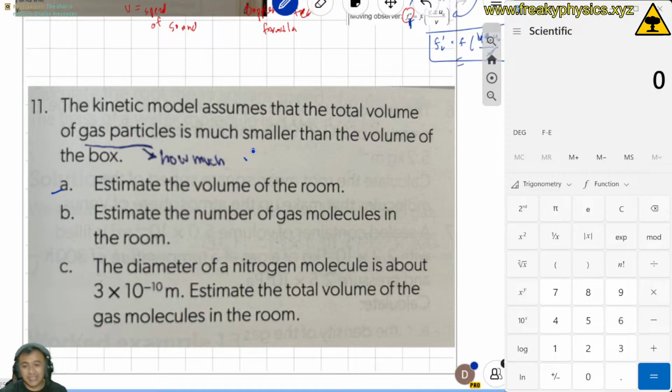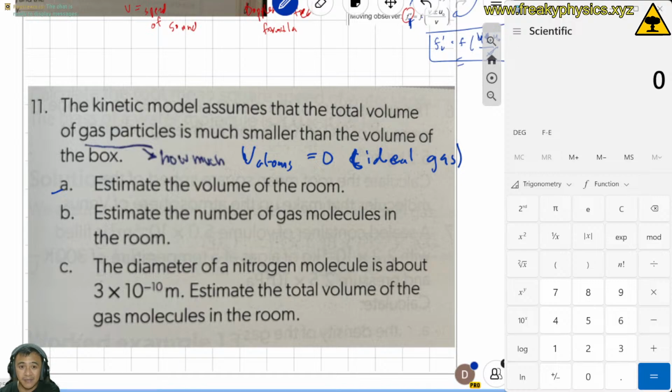Now, the ideal gas is the assumption that the volume of the atoms is zero for an ideal gas. Okay? If it's not an ideal gas, like if it's a real gas, of course that's not going to be the case, right? But the best way for us to go through here is, in A, I think we need the answer to the volume of the room, right?